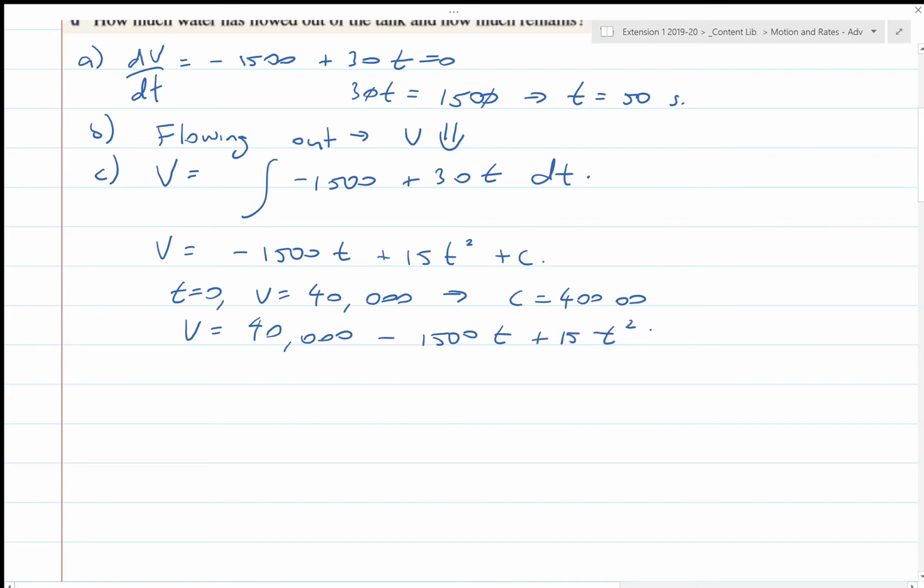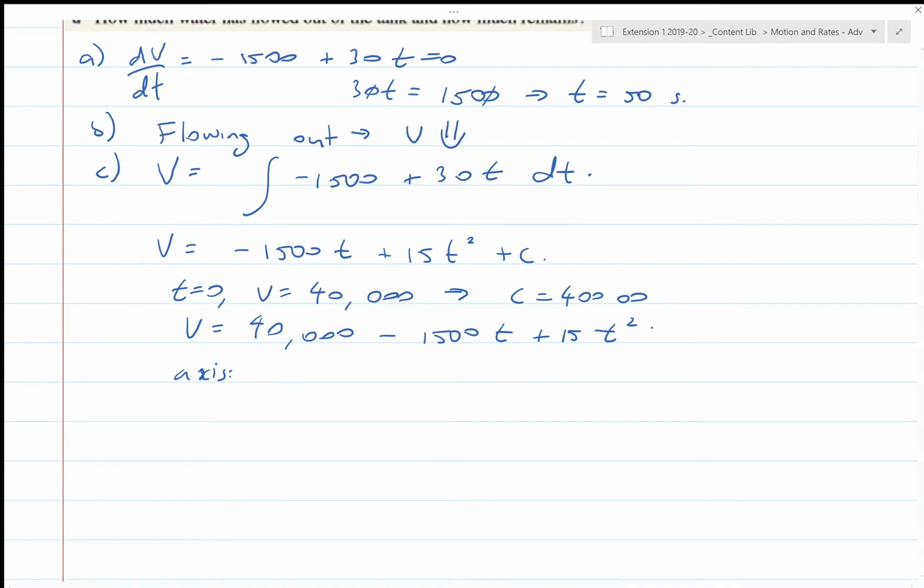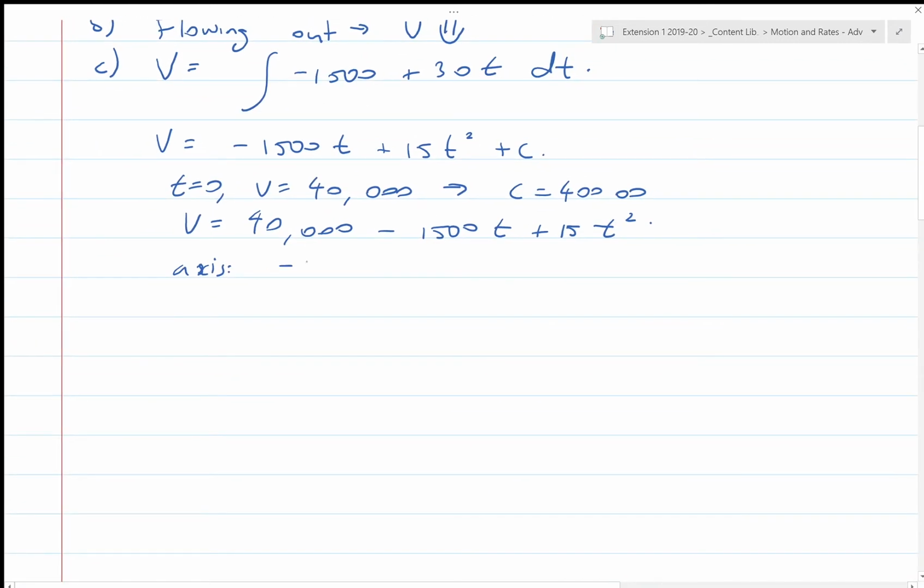So let's just draw it the axis of symmetry way. So axis of symmetry: is 40,000 divisible by 15? No, it's not. Negative B on 2A.